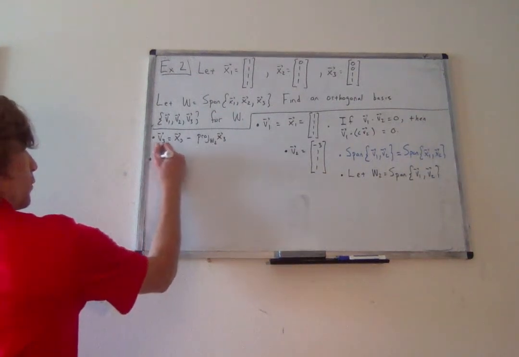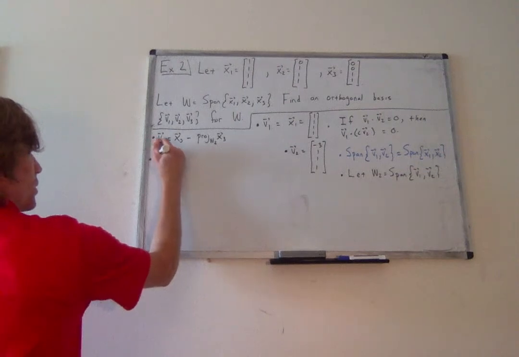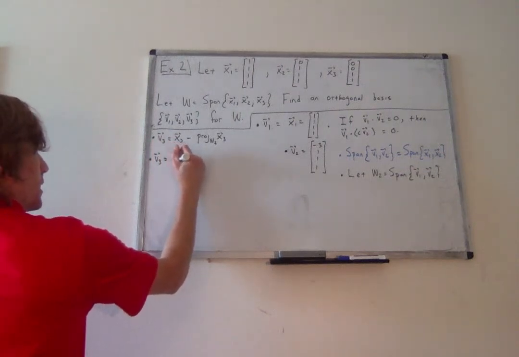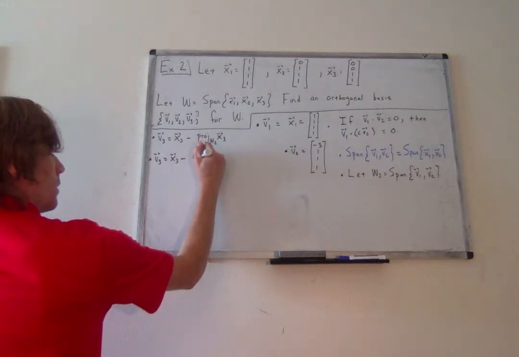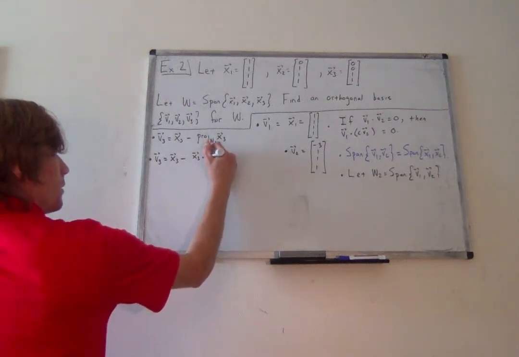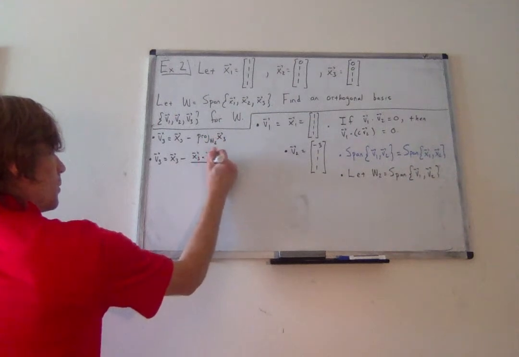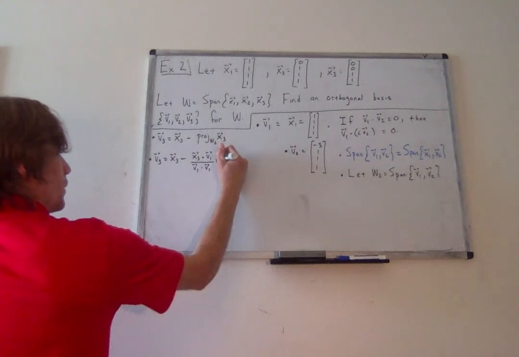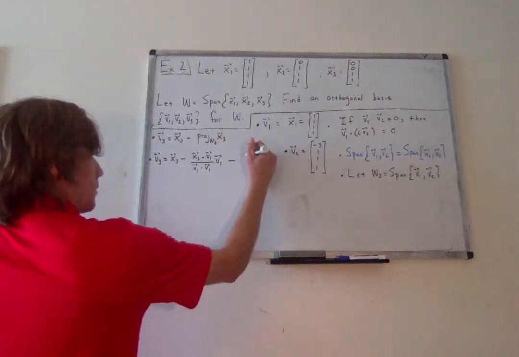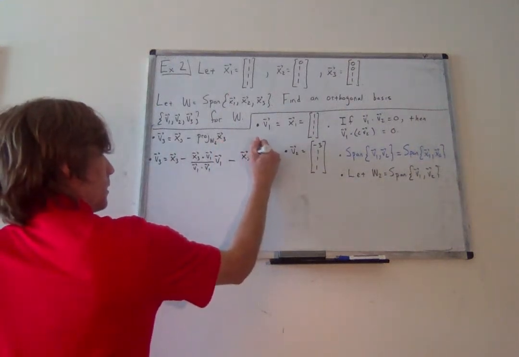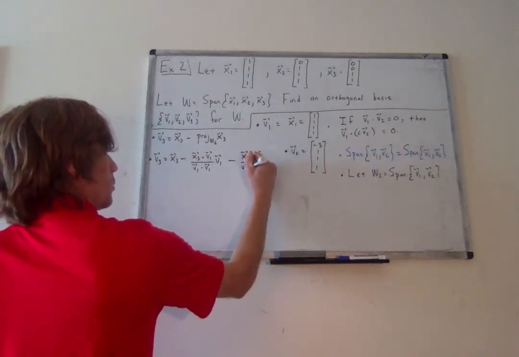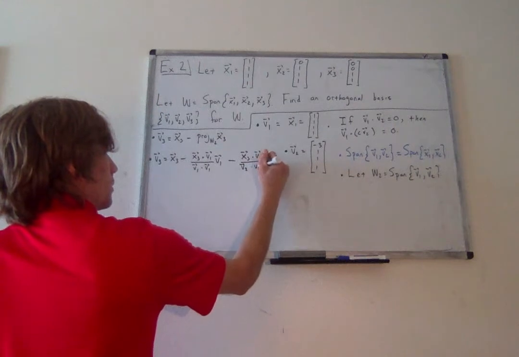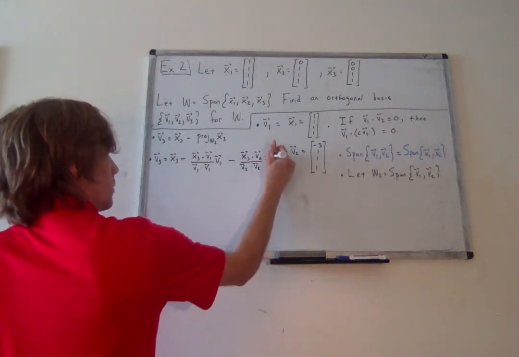Well, from the orthogonal decomposition theorem, this is equal to the vector x3 minus x3 dot v1 over v1 dot v1 times v1 minus x3 dot v2 over v2 dot v2 times v2.